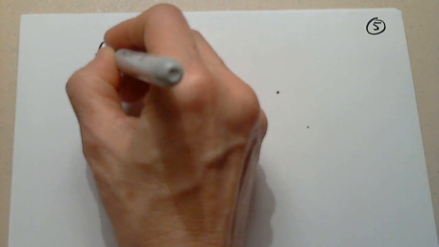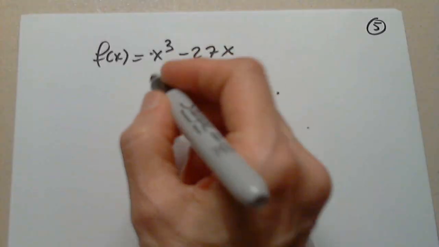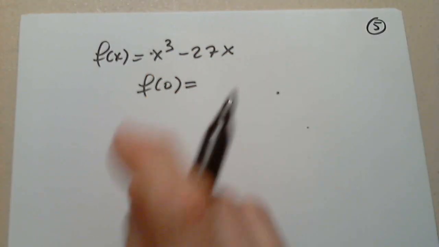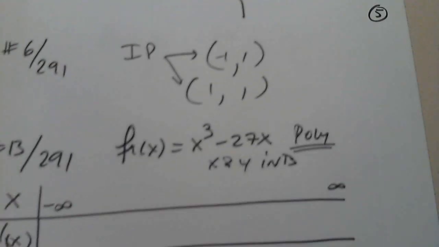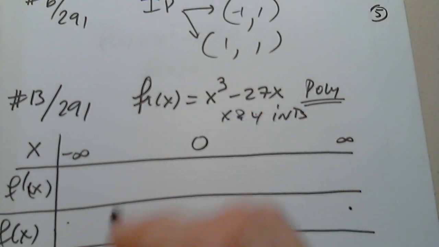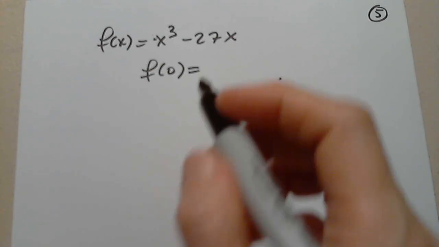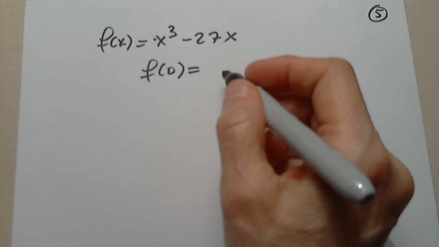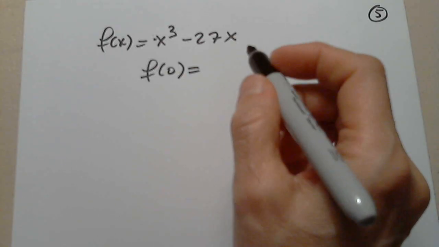So I have f of x, which is x to the third minus 27x. Can anyone give us f of 0? 0 has to be in the table. Can anyone give us f of 0? Zero.